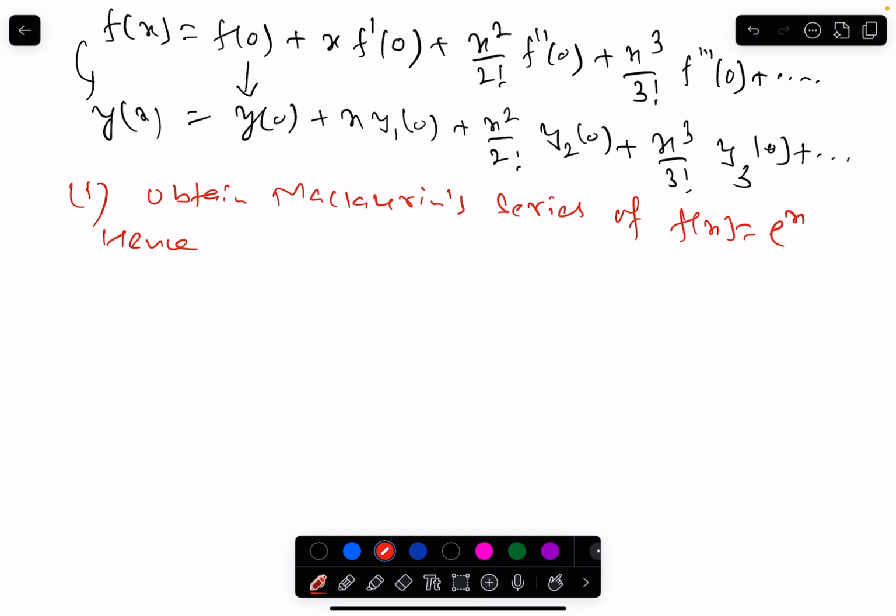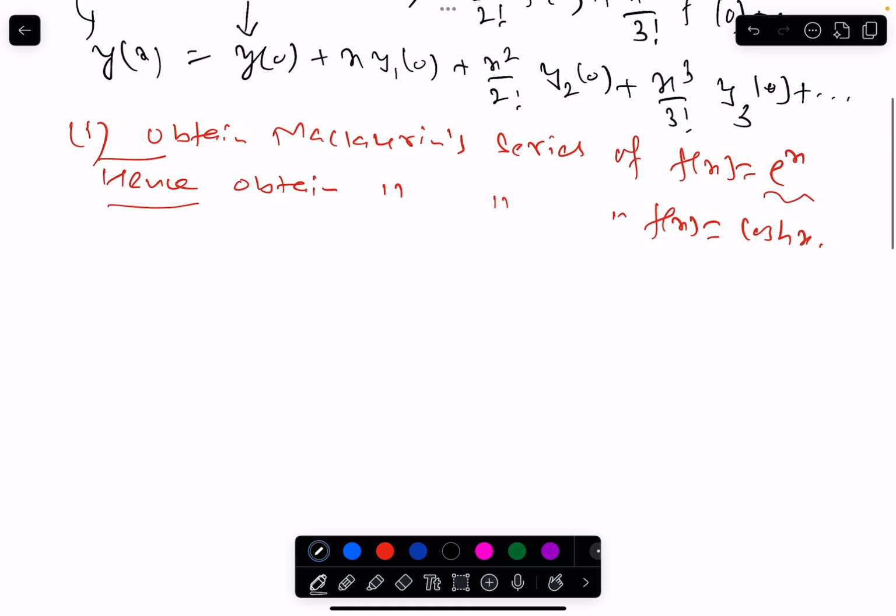Hence, obtain Maclaurin series of f(x) equal to cosine hyperbolic x. Hence means we have to use the Maclaurin series of e power x to find the Maclaurin series of cosine hyperbolic x.